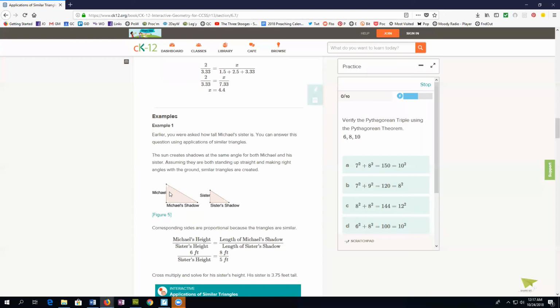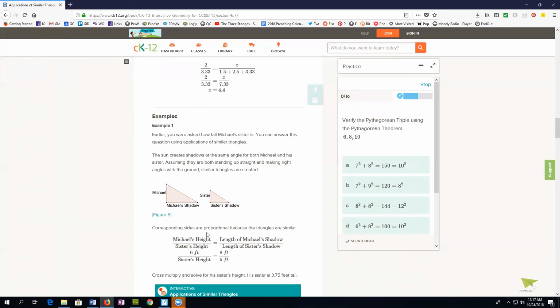Michael's shadow is proportional to Michael's height. The sister's shadow is proportional to the sister's height. So we can set up a proportion. Michael's height over sister's height is equal to the length of Michael's shadow over the length of the sister's shadow.